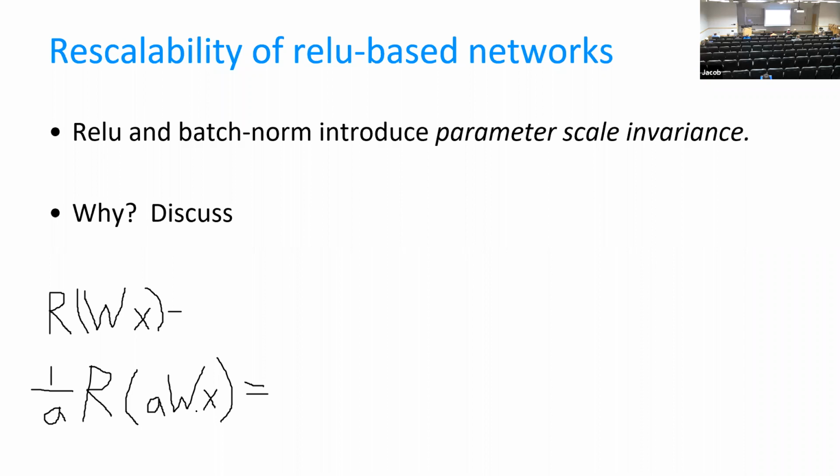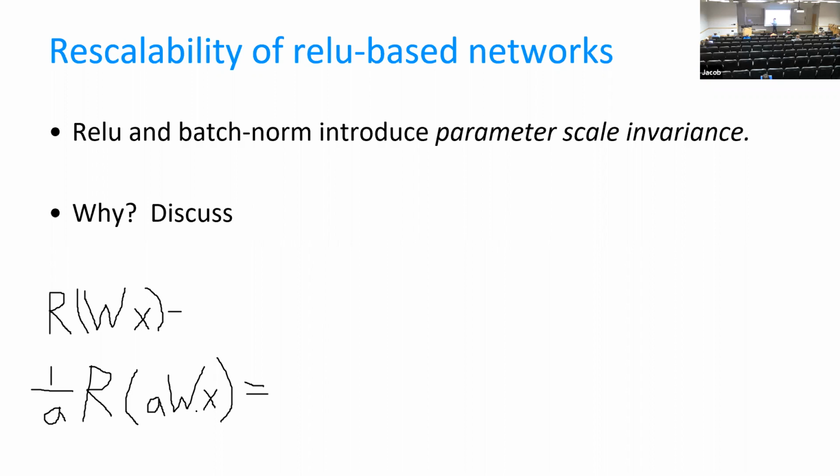Just to restate that, for the ReLU activation function, Tim is saying that if we have a negative value that ReLU is being applied to, then any scale of that negative value will still get mapped to 0. And then 1 over a times 0 is still 0.